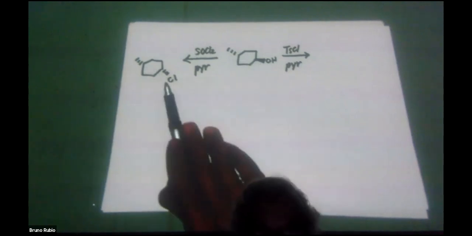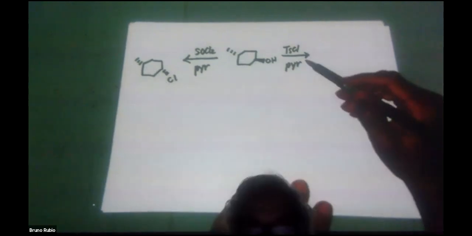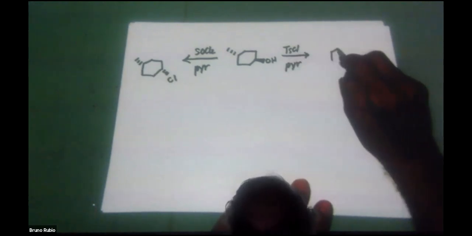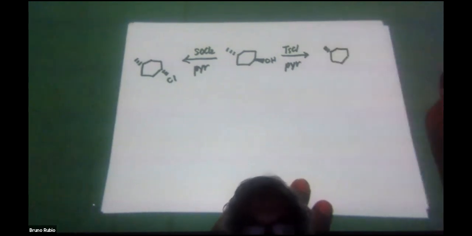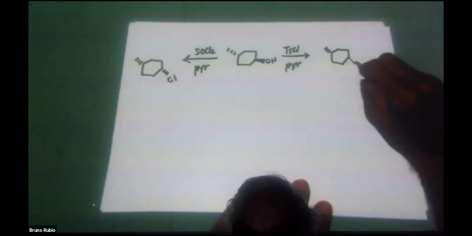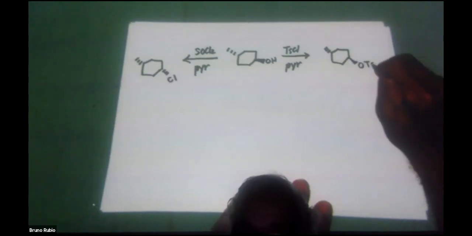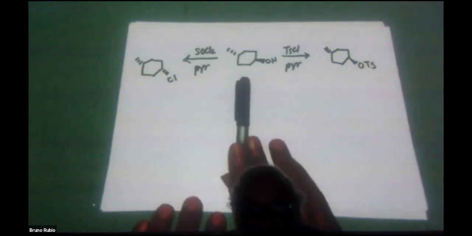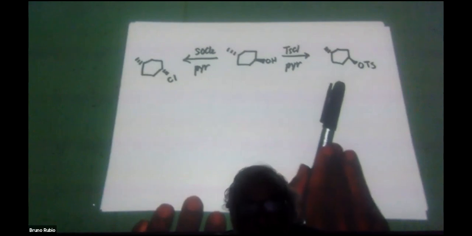Now they're cis. Okay, what happened over here? Tosyl chloride and pyridine. This converts the OH group to a sulfonate, but it does so with retention of configuration. Wedge stays wedge and dash stays dash. OTs. And notice how this was trans and it's still trans.